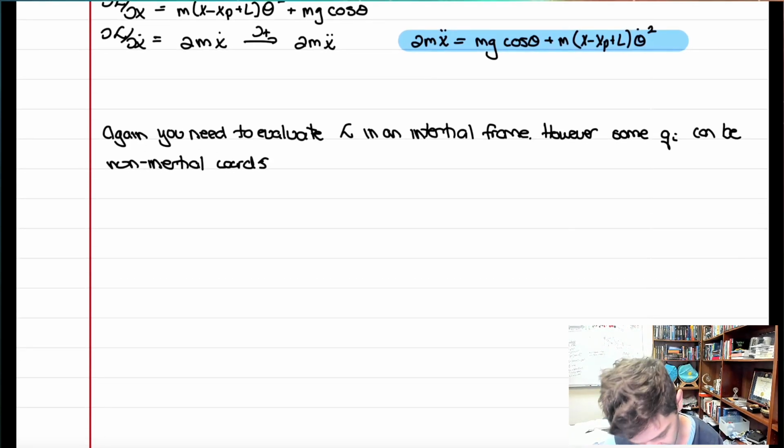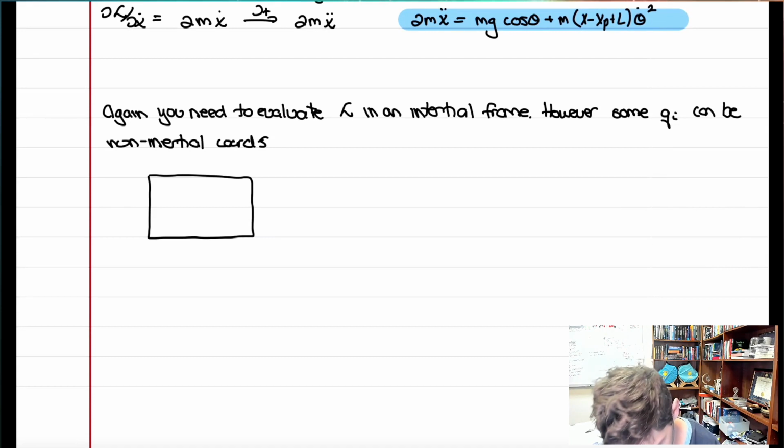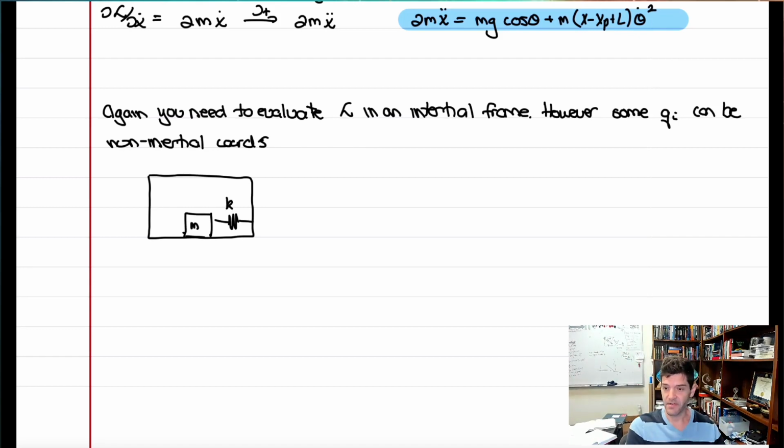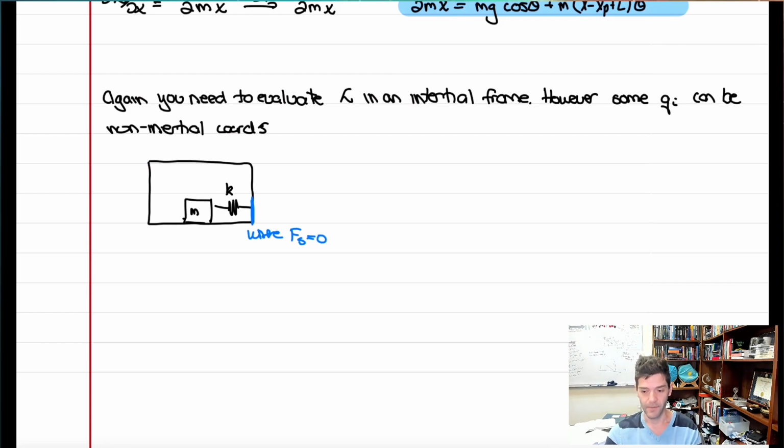So let's take the example where we have a car that has a box attached to a spring, where the spring is attached to the front of the car. The box has a mass m. The spring has a spring constant k. And let's say that the front is where the force of the spring equals 0, where it's neither stretched nor compressed.